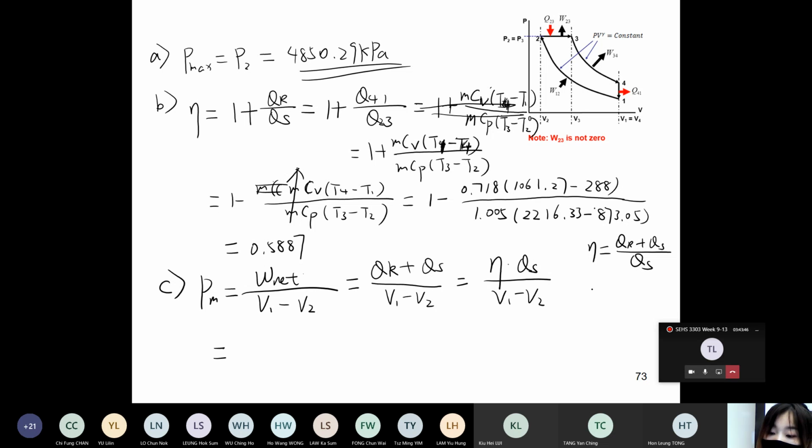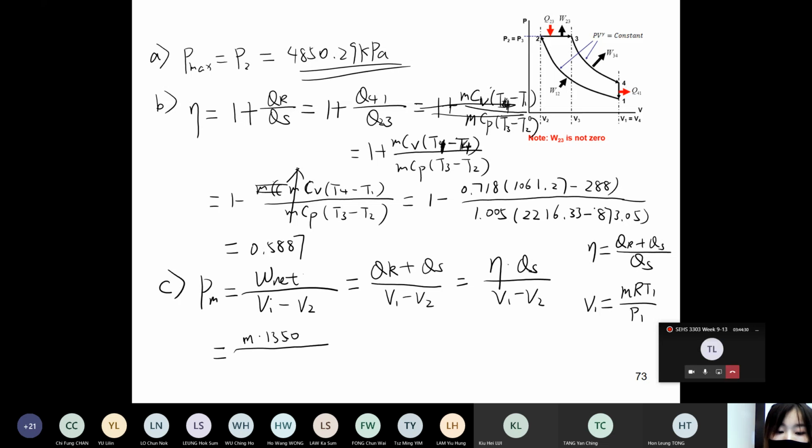Then for V1, I have already shown you how to calculate V1. It should be MRT1 over P1. Let's put it into our calculation. For the QS, we have M times this number, because the heat supply unit is kilojoule per kilogram.